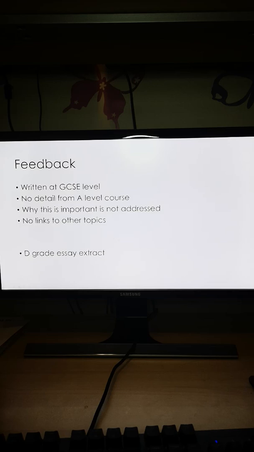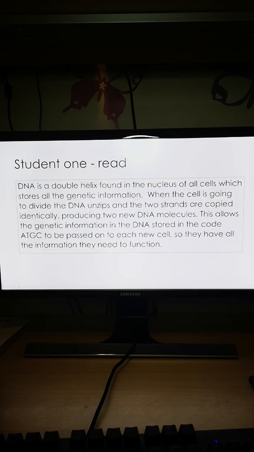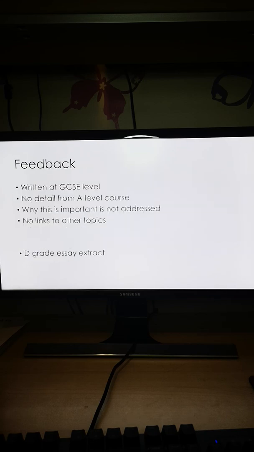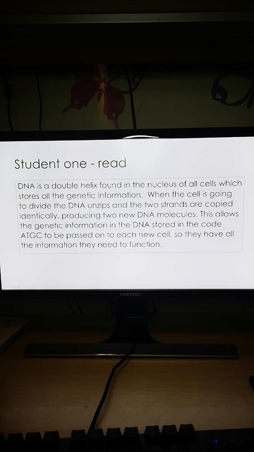My feedback to this student was this: you've written at GCSE level. There's nothing there you didn't know when you joined me at the start of year 1. There's no detail that has been taught to you in the A level course. The other thing is, although they have described how it's an information transfer molecule, it's not said why this is important, other than so that they all have the information they need to function.